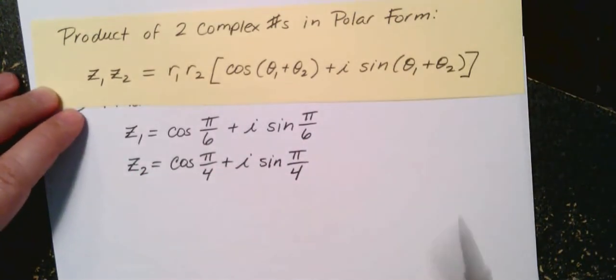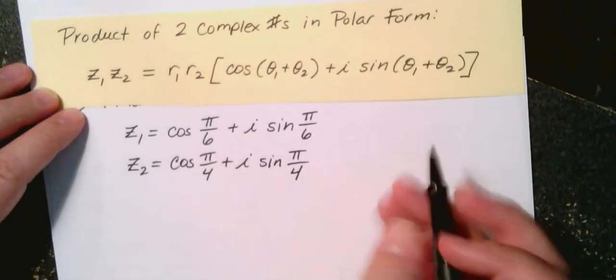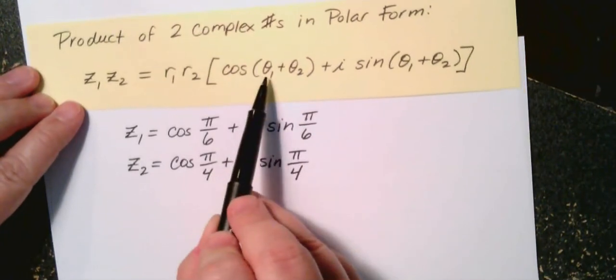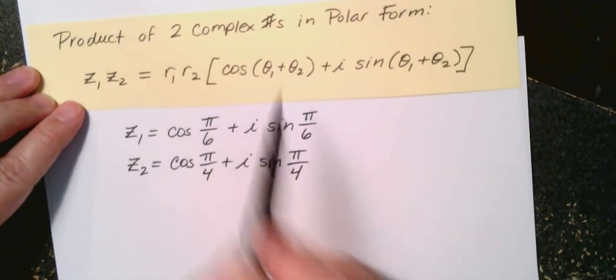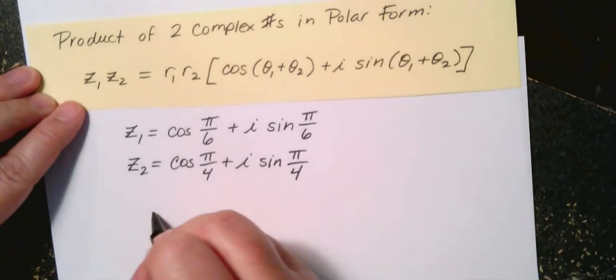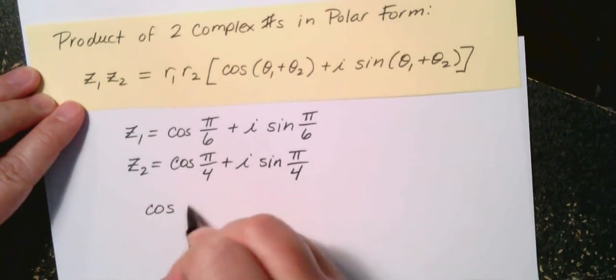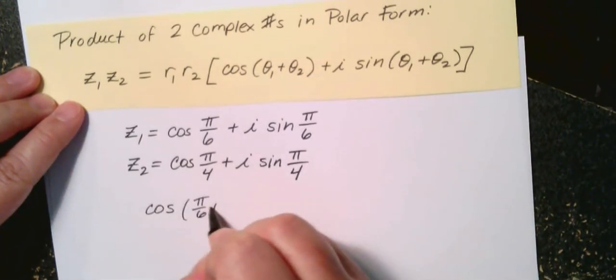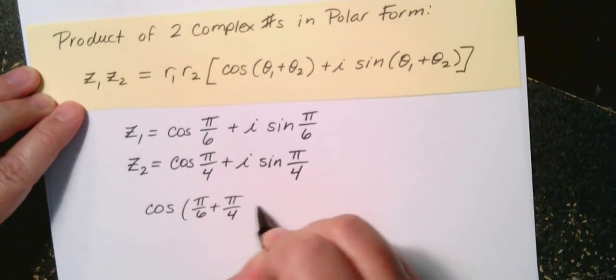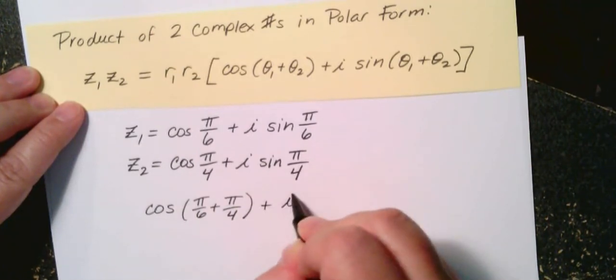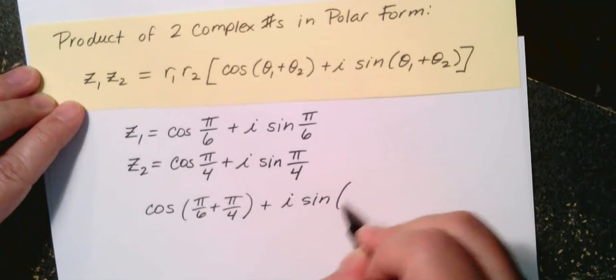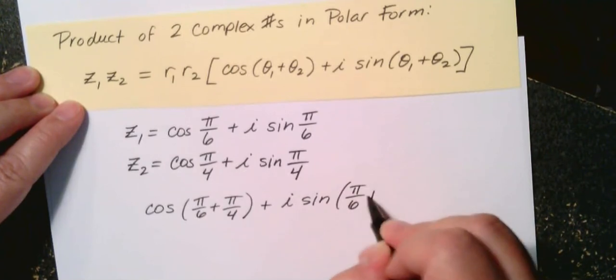So it's just 1 times 1 out front. So I don't have to worry about that. What I do have to worry about is adding my arguments. So basically I'm going to have cosine of pi over 6 plus pi over 4, plus i times the sine of pi over 6 plus pi over 4.